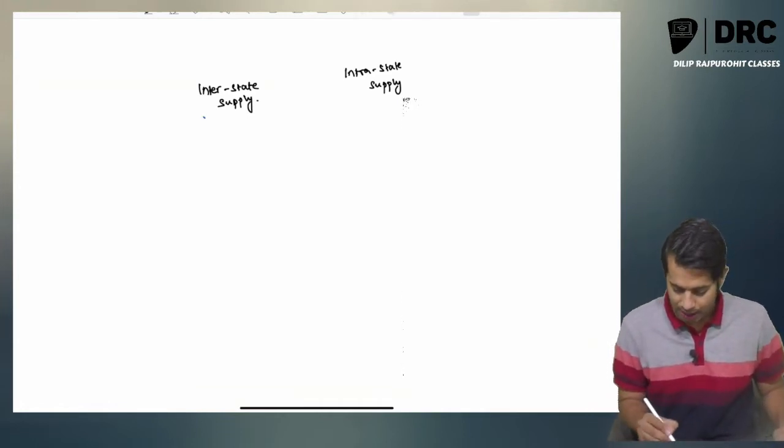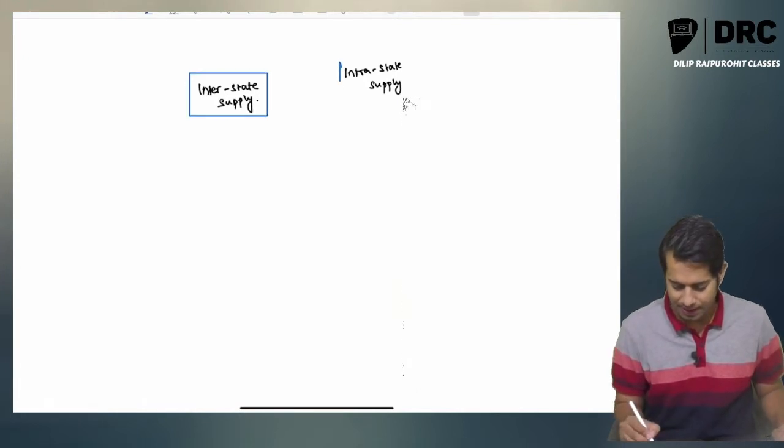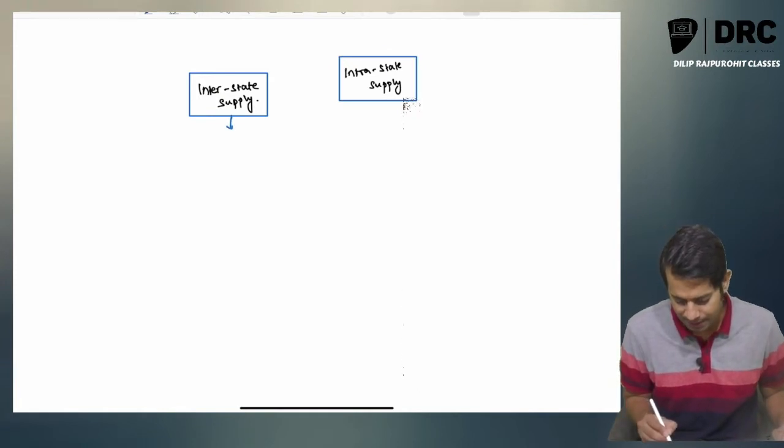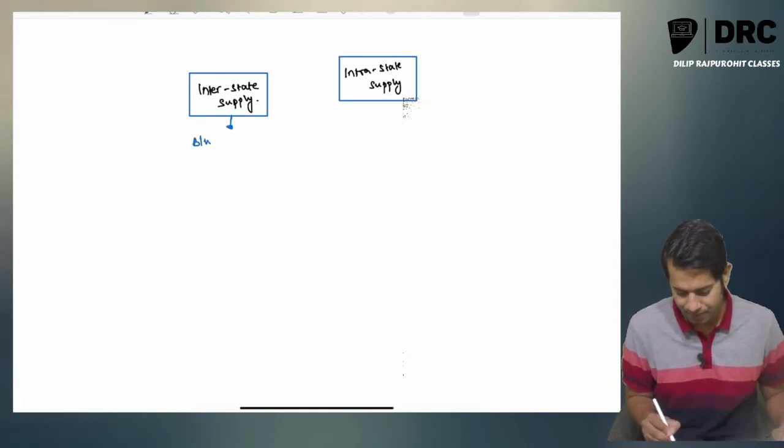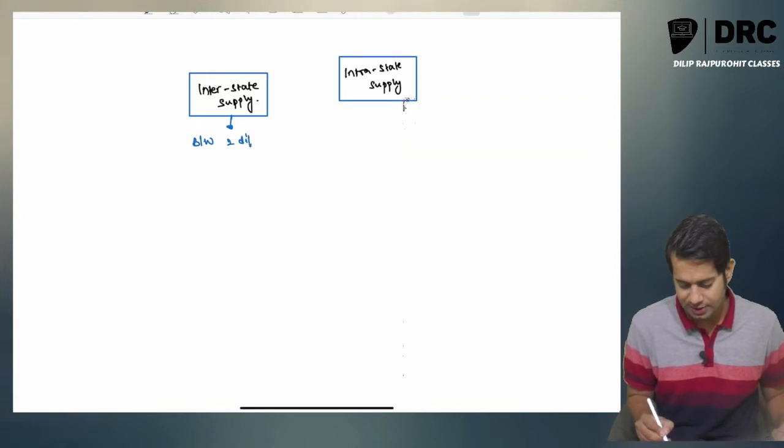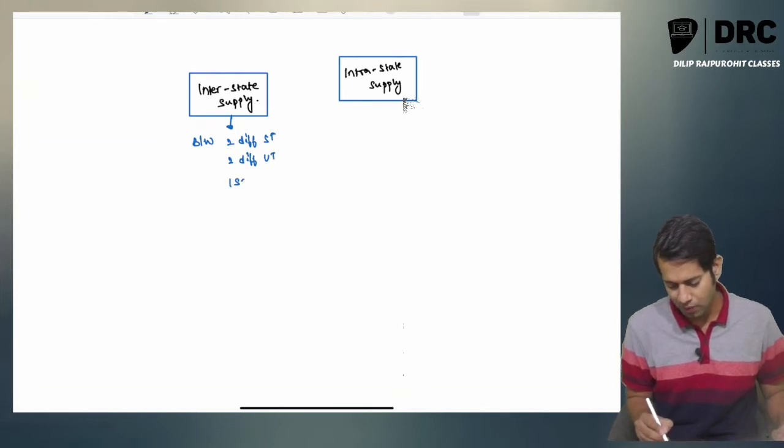Now, if you ask a layman what he means by interstate supply and intrastate supply, he will say that interstate supply means supply between two different states, or between two different union territories, or between one state and one union territory.